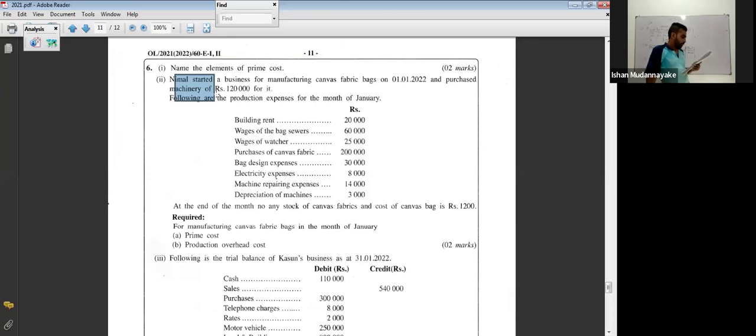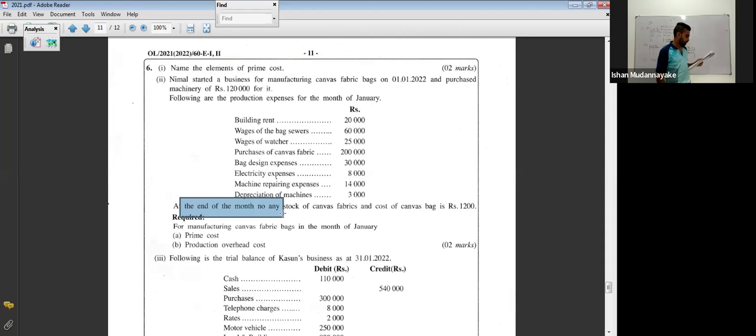At the end of the month, there are no stocks of canvas fabric, and the cost of a canvas bag is 1,200. For manufacturing canvas fabric bags in the month of January, calculate prime cost and production overhead cost.